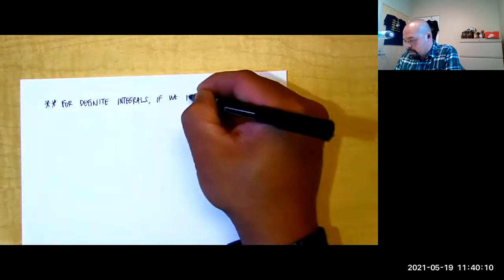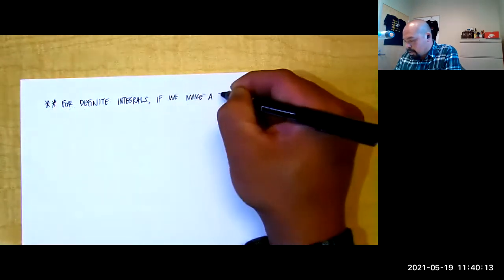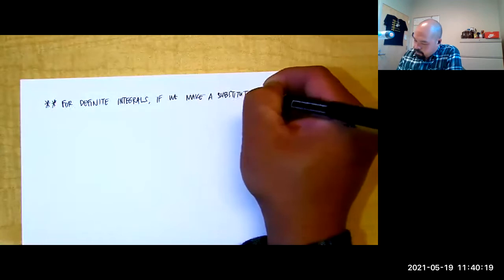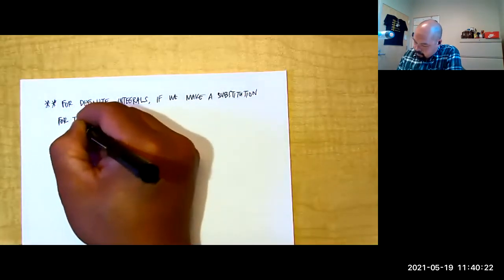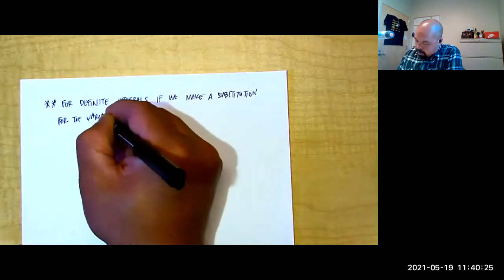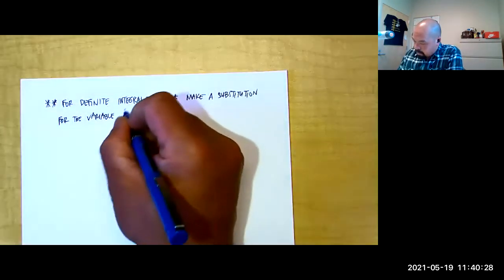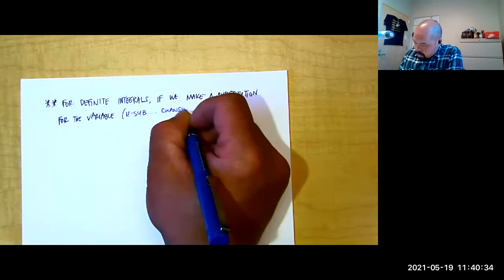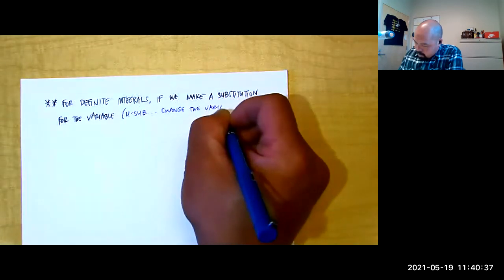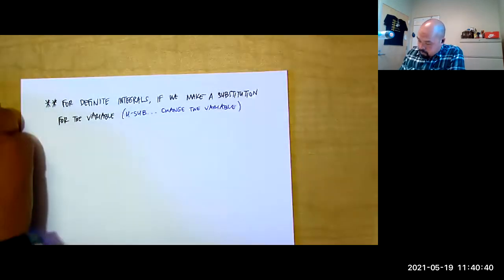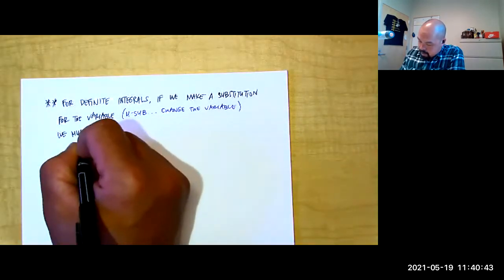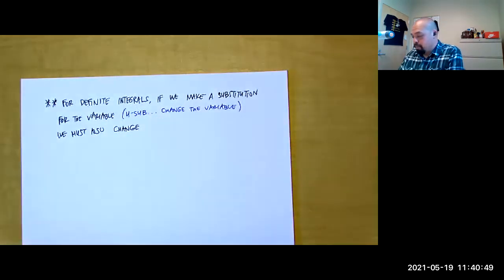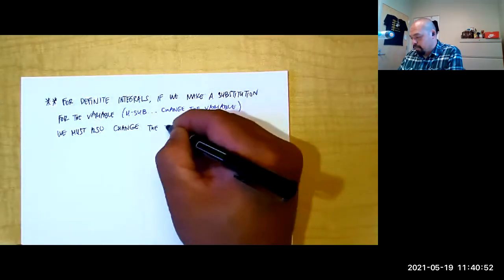If we make a substitution for the variable, that is, if we're doing a u sub and we change the variable that we see present in our integral, we must also change the limits of integration.